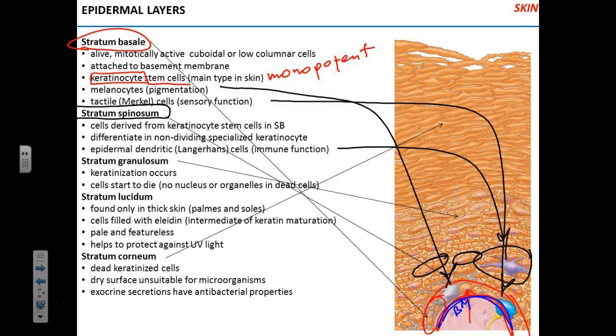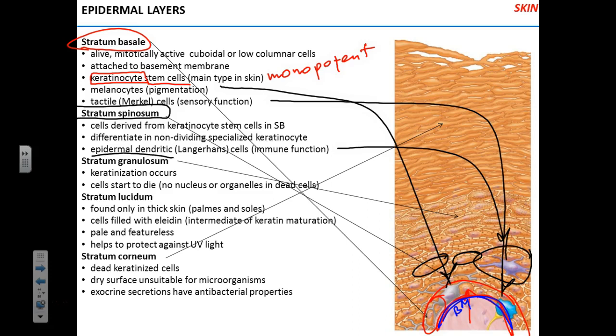Multiple studies showed that the first cells infected with a mosquito bite are Langerhans cells. Any questions? Live, non-dividing keratinocytes and Langerhans cells.